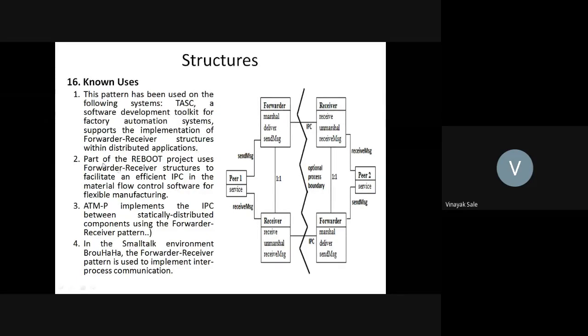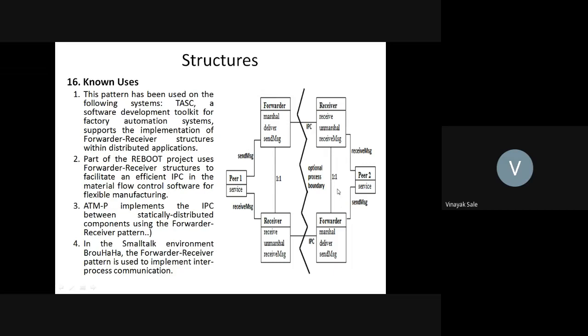Then it is used as a part of a robot project, which uses the forwarder-receiver structure to facilitate efficient IPC in the material flow control software for flexible manufacturing. ATM implementations use IPC between statically distributed components using the forwarder-receiver pattern. In the Smalltalk environment, the forwarder-receiver pattern is used to implement IPC.